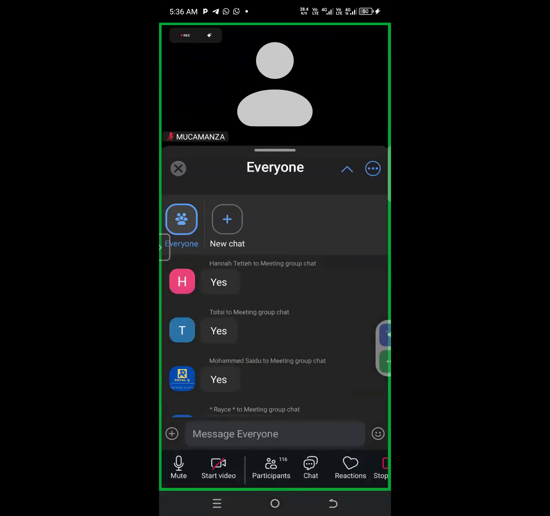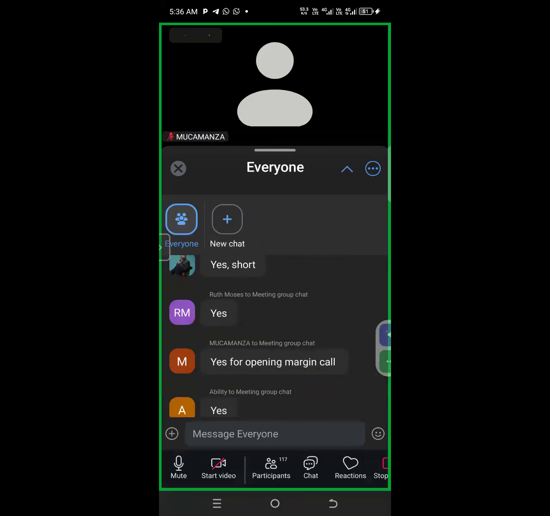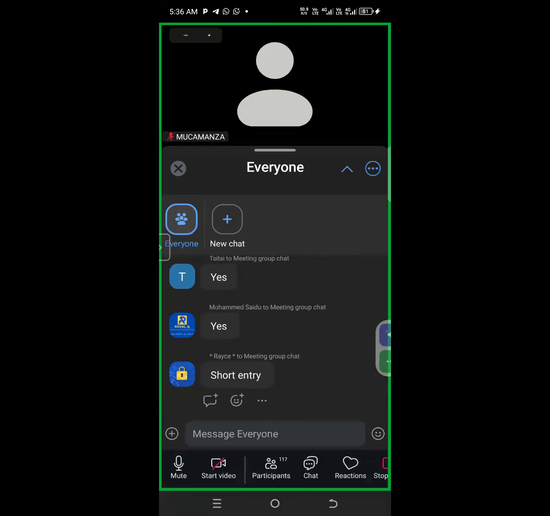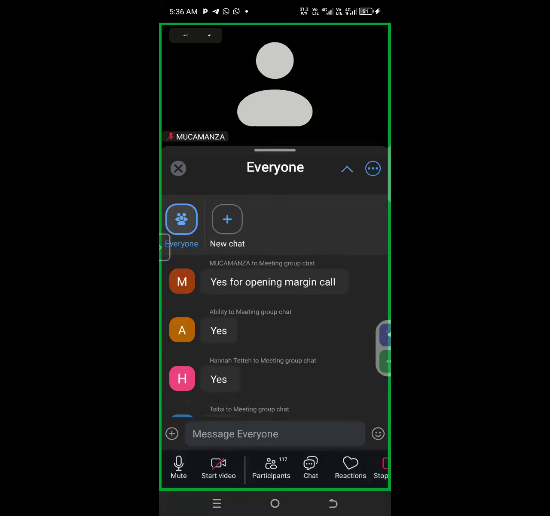So it's good for us to make entry, and that is it. You get an opportunity like this. It's very smooth and soothing, and you will surely enjoy it. Very good. So that is the idea.